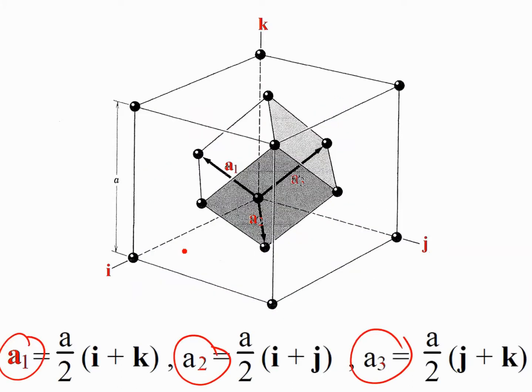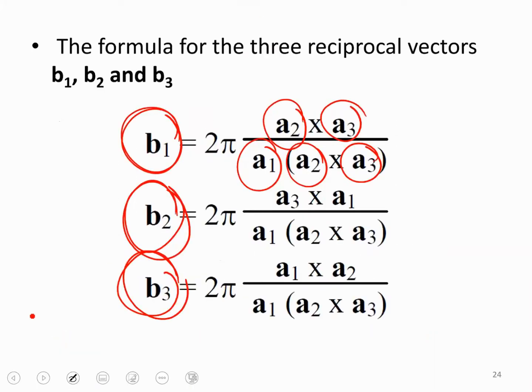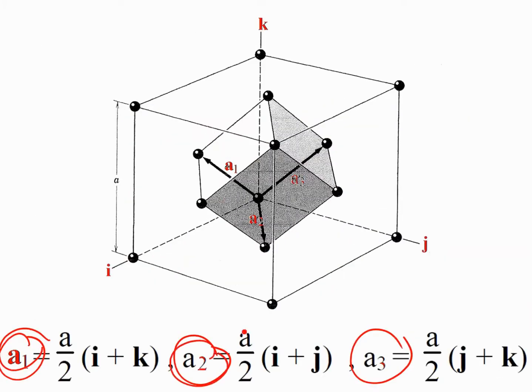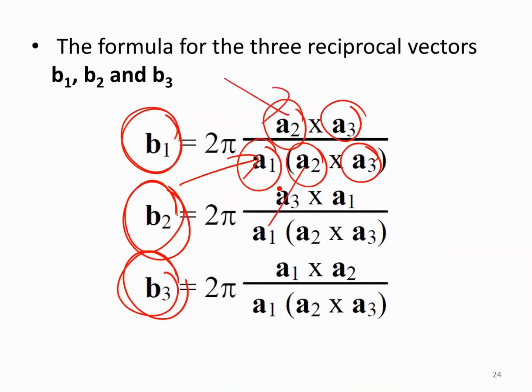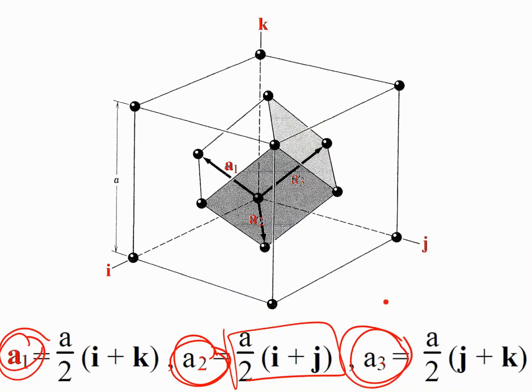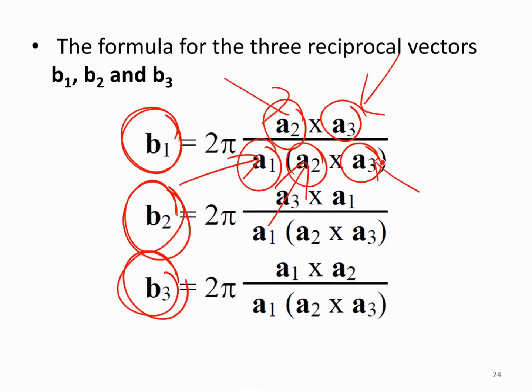So we just substitute the real a into here, real b into this one and this one, and real c into this one and this one. Then you solve it, and you will get b1, the reciprocal lattice vector.